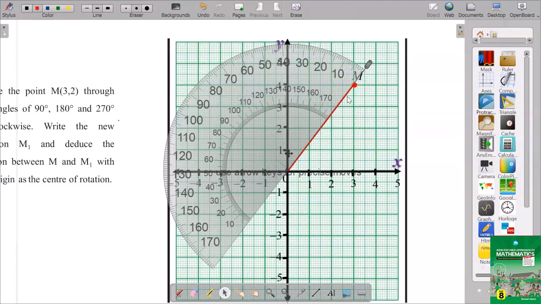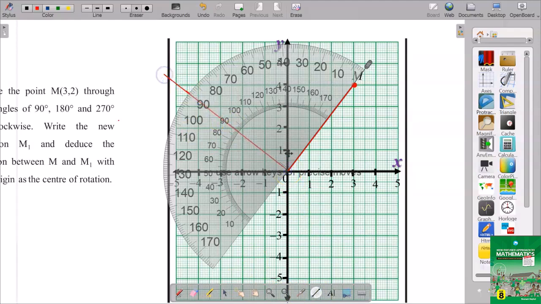And so we try to measure the angle 90 degrees. So 90 degrees will be somewhere here, right? There's a 90 degrees. So we draw a straight line from the center to that 90 degrees.